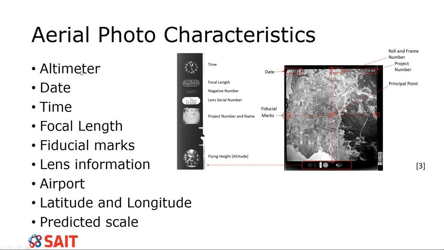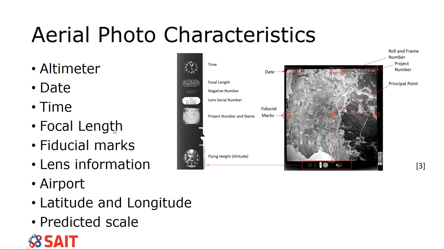The altimeter tells you how high you are flying. Down here you can see a little dial showing how high they're flying. You're going to see the date, the date that you went out to do the survey. Here you can see there's a date. There's also a time, so you have the clock that's showing the time.